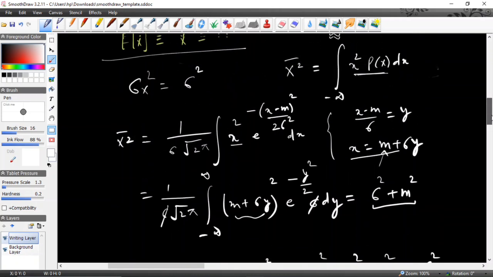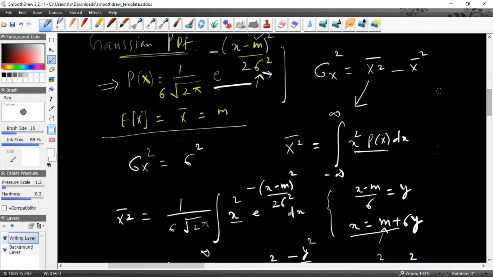So the Gaussian random variable is totally characterized by just two parameters: one is the mean and one is the variance of this random variable. There are so many other probability density functions that are used, but the Gaussian random variable is the most important PDF that is used in the communication theory.